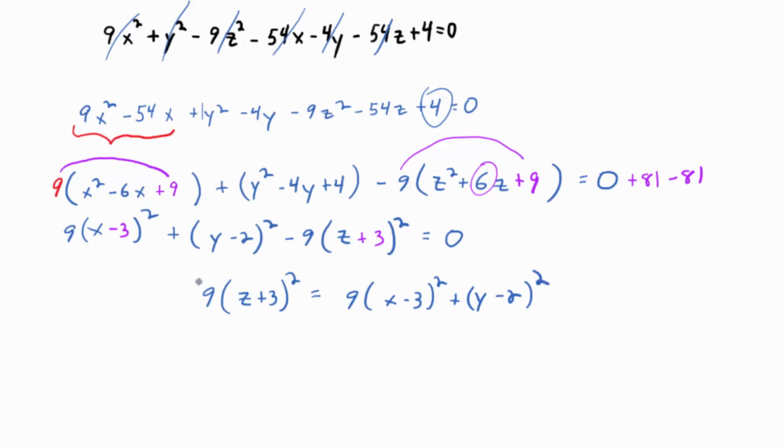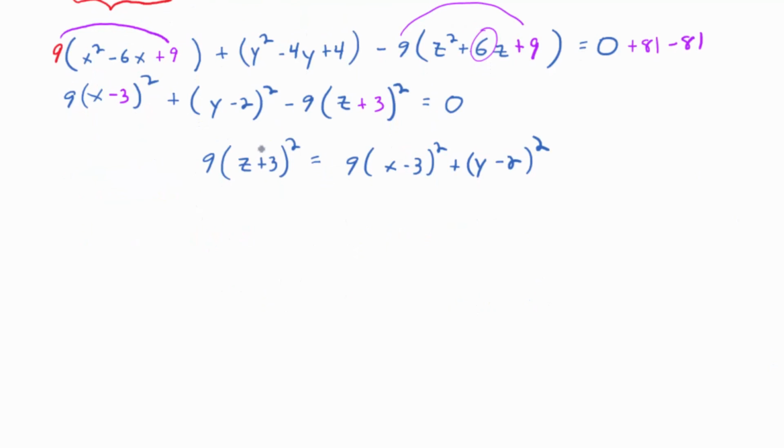Then to get it in standard form, we want a 1 in front of the z plus 3 quantity squared, so divide by 9, and the 9 goes away here. Z plus 3 quantity squared equals x minus 3 quantity squared plus y minus 2 quantity squared over 9.